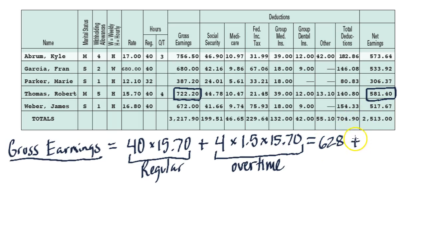And then we want to add 4 times 1.5, and then multiply that by 15.70. That's $94.20. So $94.20 he's making in overtime.